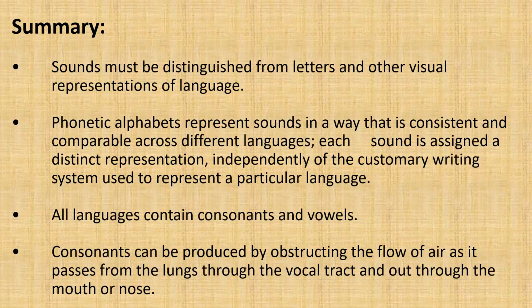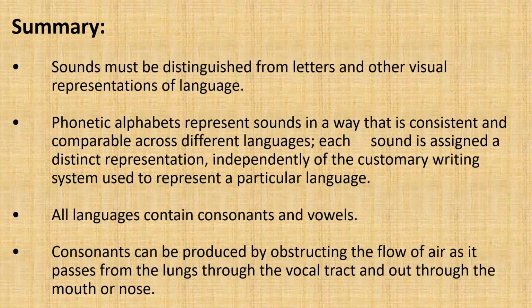That means the English language has a different shape of letters, Sinhala has a different shape of letters, Tamil has a different shape of letters. So the phonetic alphabet, IPA, has a very distinguished, independent system.